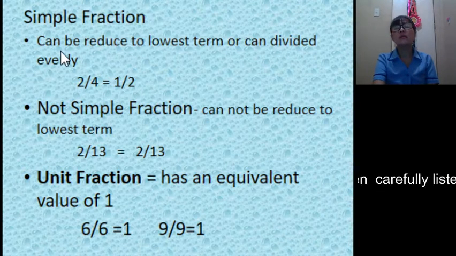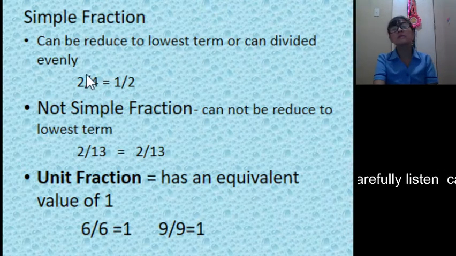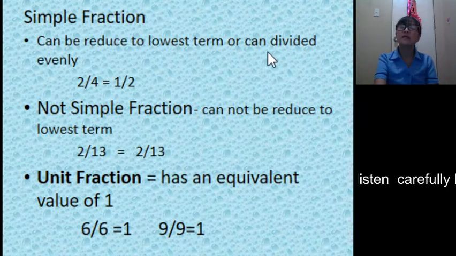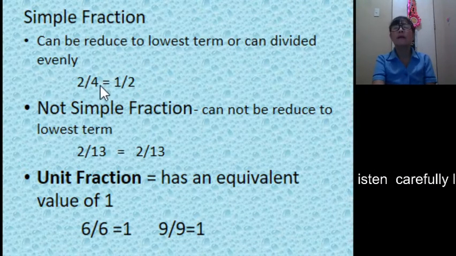Simple fraction can be reduced to lowest term or can be divided evenly. As you can see, an example is 2/4. You're going to find a number that is divisible by 2 and 4, so that it is divided evenly. You divide by the number that is divisible by 2 and 4, and the answer is 1/2. That is our lowest term.